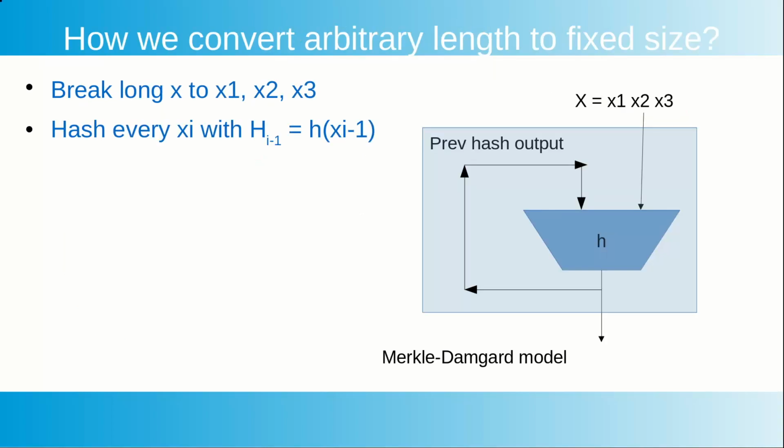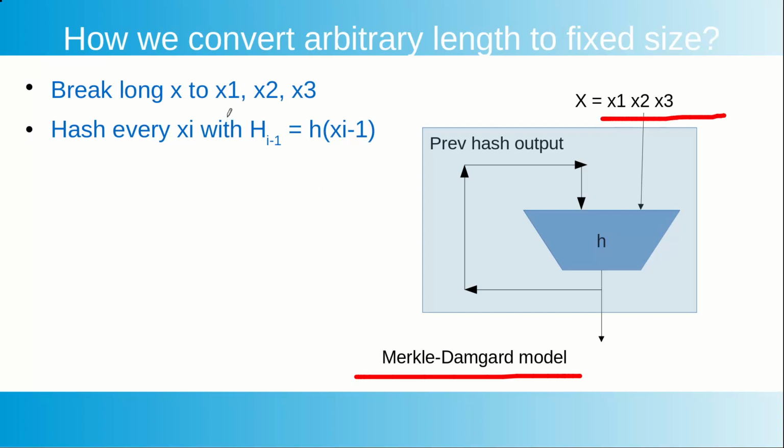So now let us come to the design of secure hash algorithm or SHA-1. Now this SHA-1, its fundamental design is based on Merkle-Damgard model. What is a Merkle-Damgard model? So Merkle-Damgard model, its idea is something like this. Suppose we have an arbitrary long text.